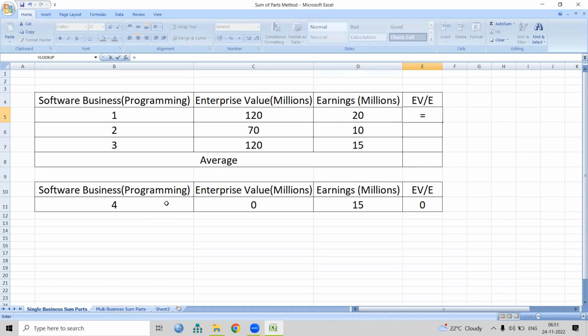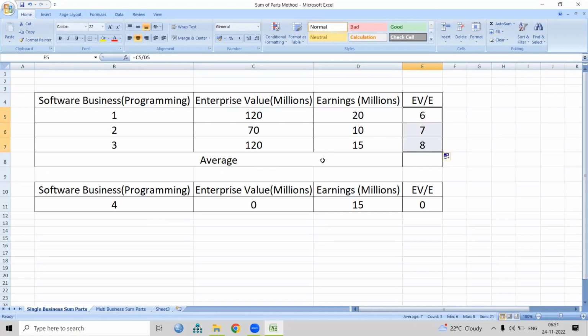How do you find this out now? We'll say C5, that is enterprise value in reference cell C5, divided by the earnings value, which is D5. C5 divided by D5, enter. So the enterprise value to earnings is 6 times, right?